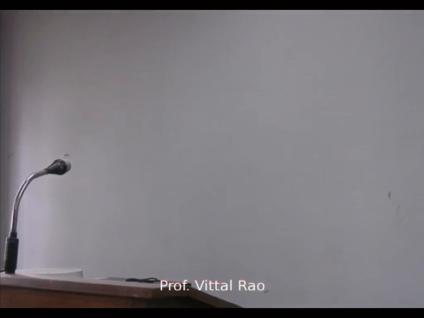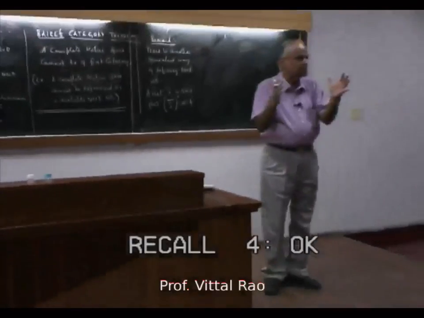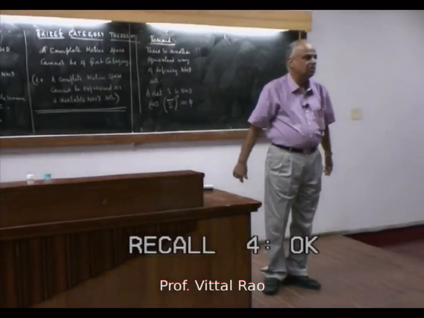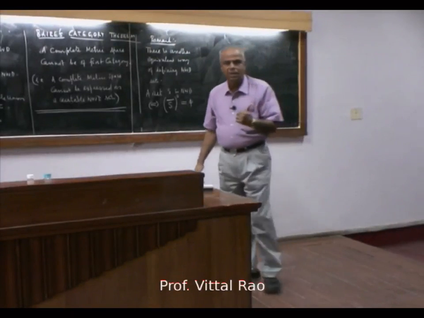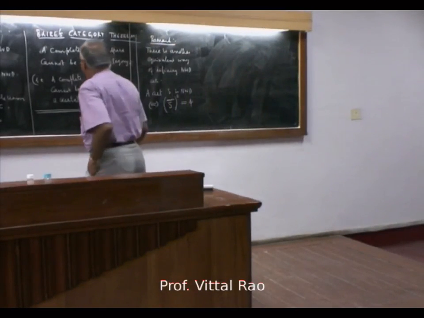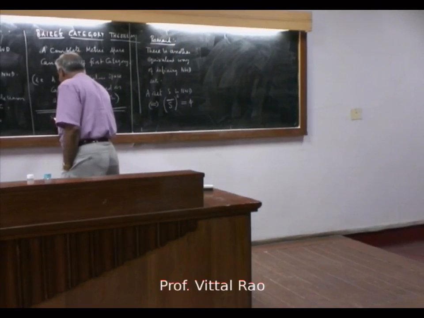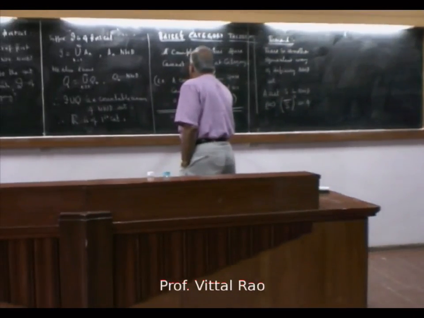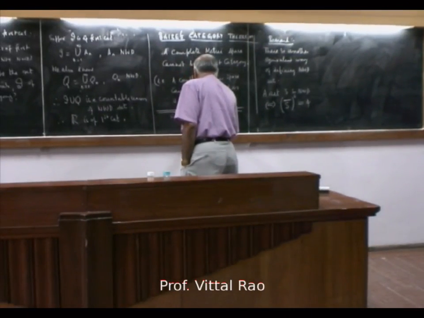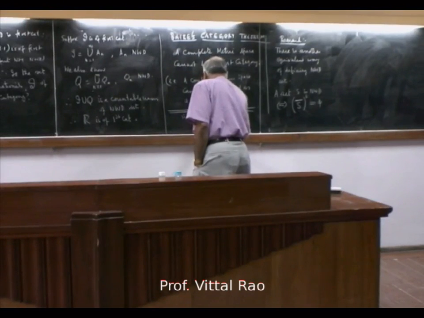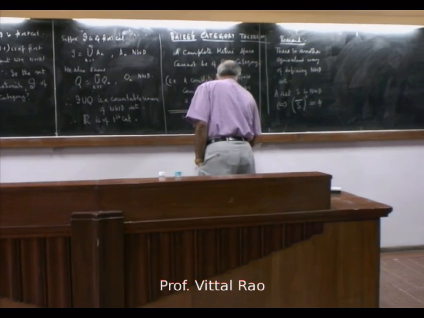Remember Cantor's intersection property: in a complete metric space, if a sequence of closed sets is going down and whose diameter goes down to 0, the intersection is a singleton. So what we do is, suppose X is complete and X is the union of A_n, nowhere dense.